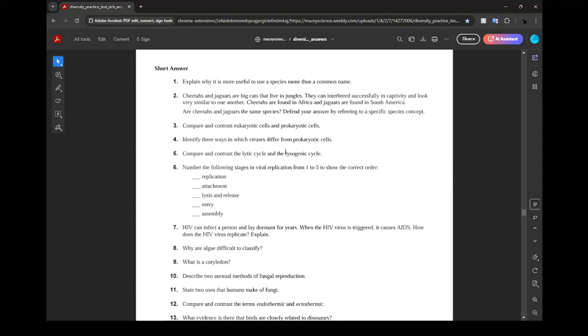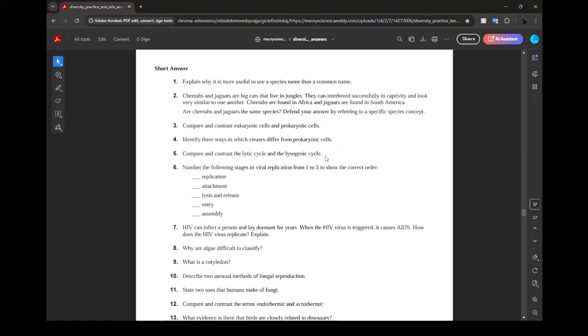Question 5. Compare and contrast lytic and lysogenic cycles. Okay, so this is simple. So we're going to look at the similarities there. I would say personally they're both experienced by bacteria. That's pretty obvious. Lytic cycle on the one hand, it's triggered and it causes immediate insertion into the host and replication that leads to many of the bacteria cells being replicated and produced.